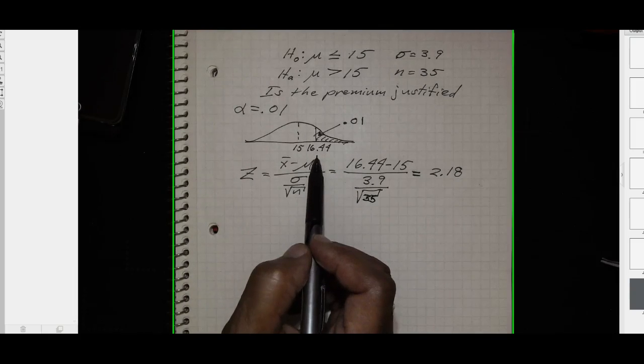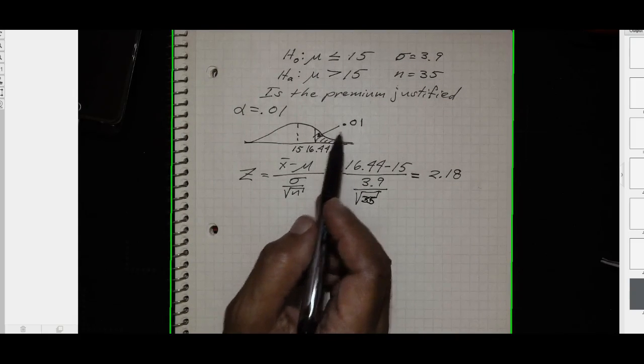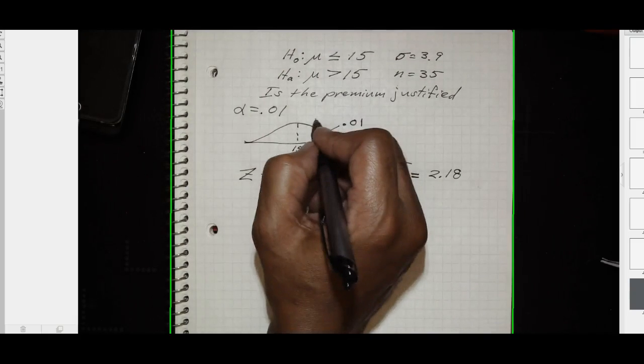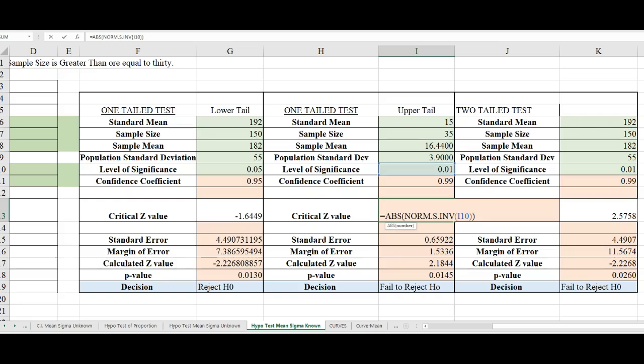So the critical z-value that corresponds to this is that critical z-value that was in my spreadsheet, which is 2.326.